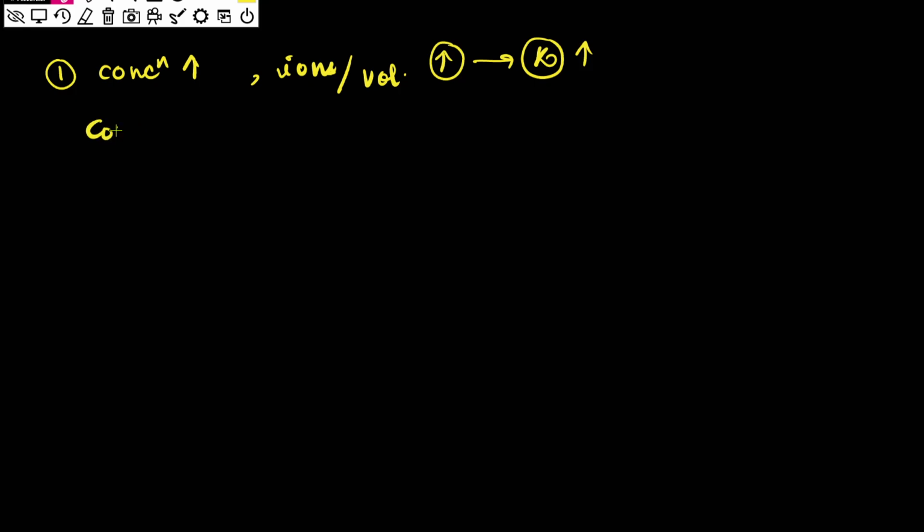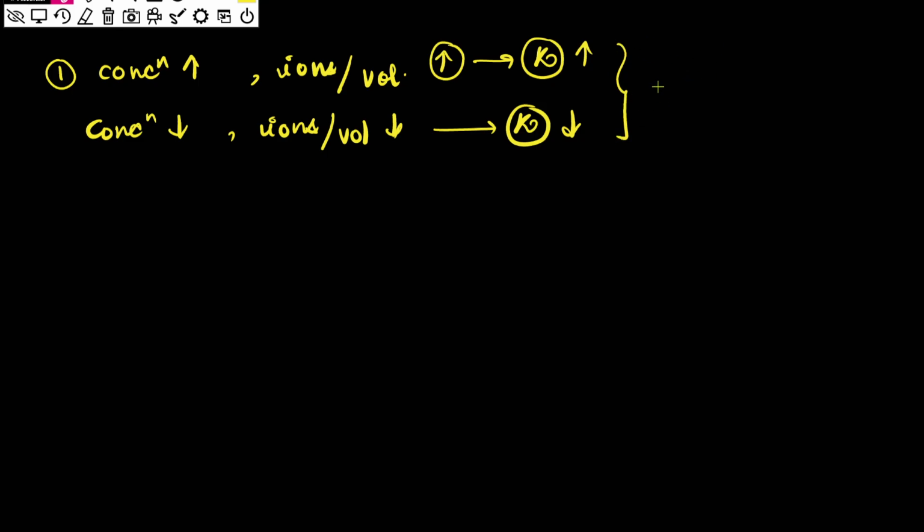And if the concentration of the electrolyte decreases, then the ions available per unit volume will also decrease and the overall conductivity will decrease. Now conductivity always varies with the concentration. This we have studied, and we can say that conductivity is somewhat proportional to the concentration.